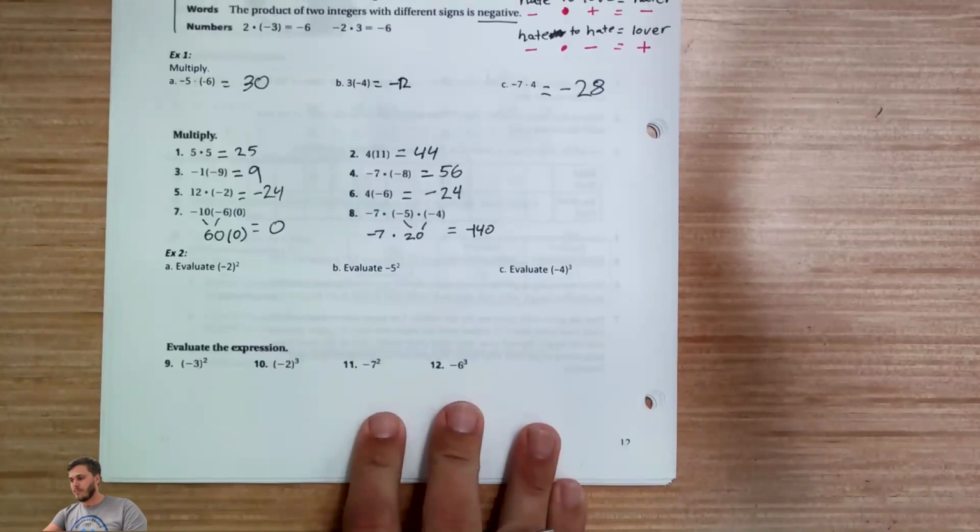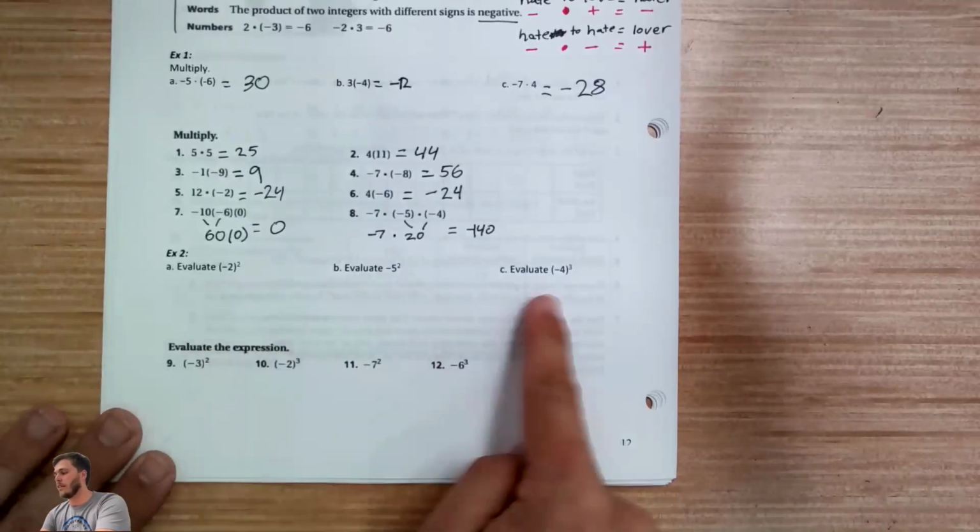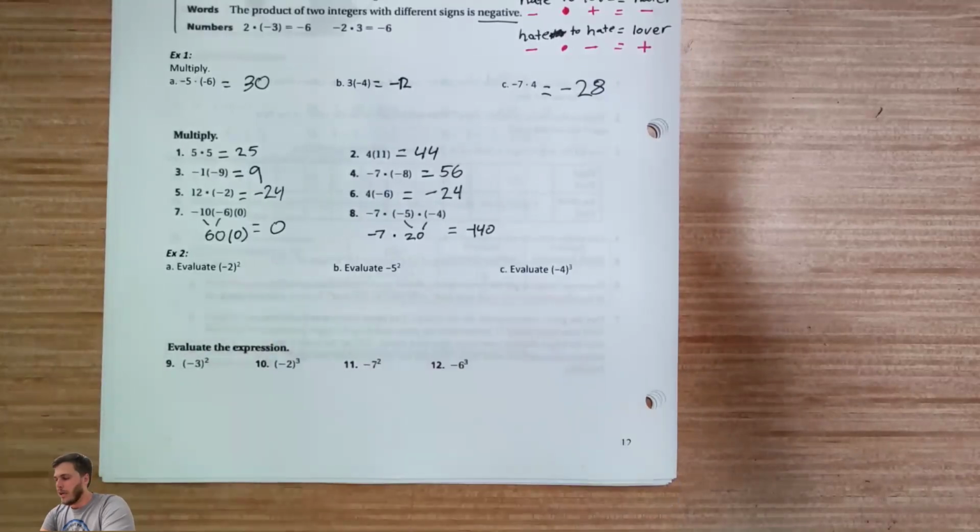Okay. Let's look at this last little bit. So remember, exponents talk about how many times we're multiplying that base. Now, if you're looking at these three examples, you'll notice that there's a little bit of differences with the parentheses. And what I want you to think about is the parentheses and order of operations.